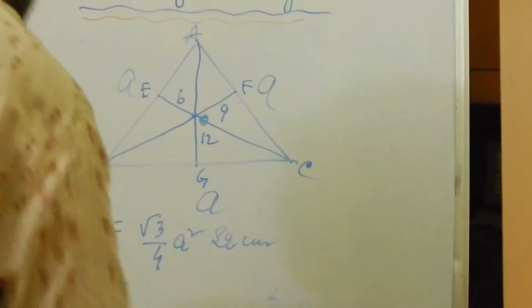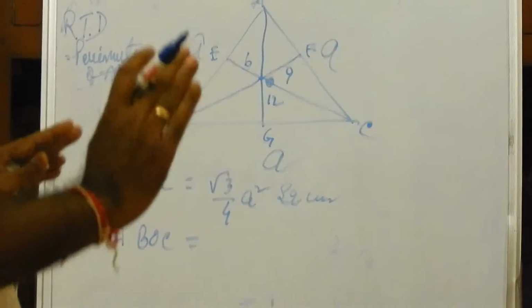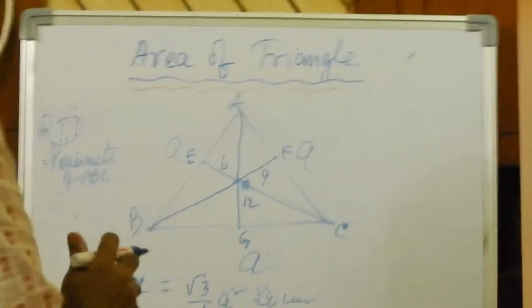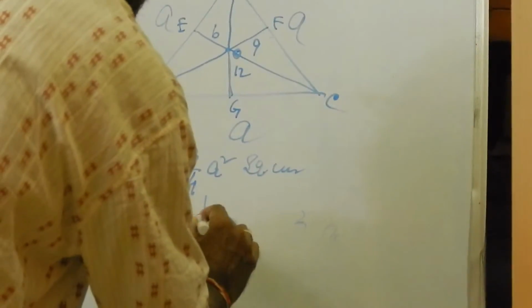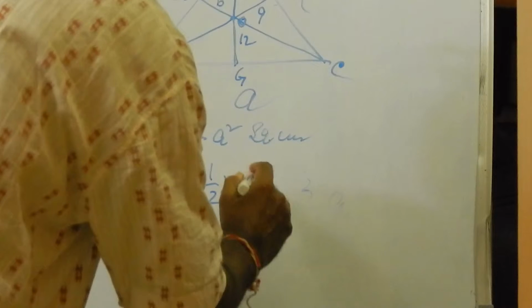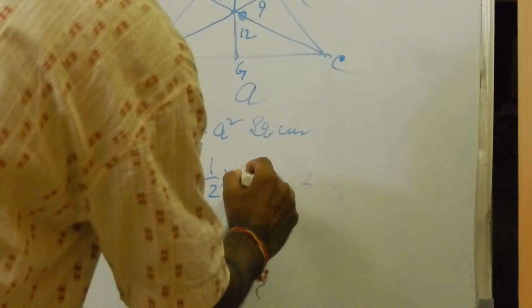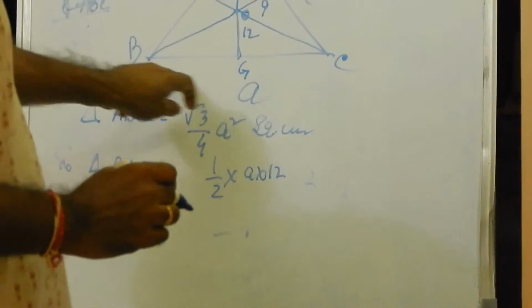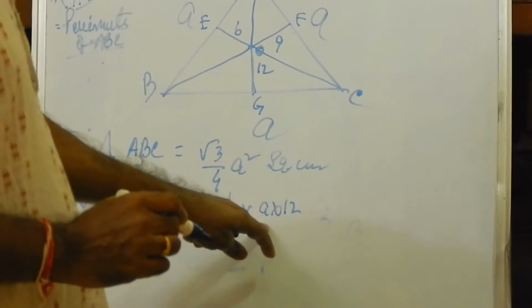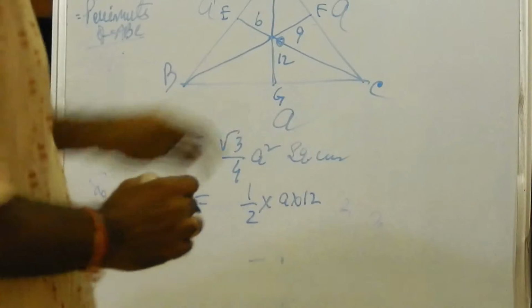So the area of triangle BOC, but BOC is not an equilateral triangle. It is a normal triangle, and here is height and here is base. So its area is half into base into height, half into base BC, A, into height 12.